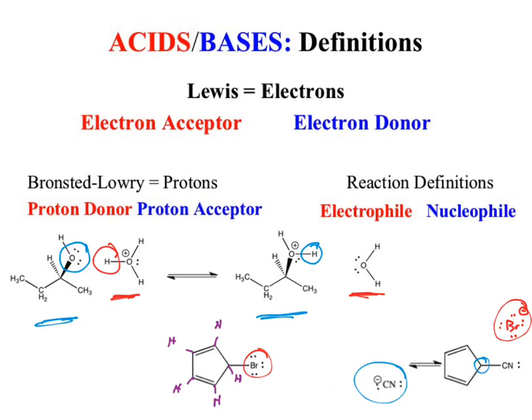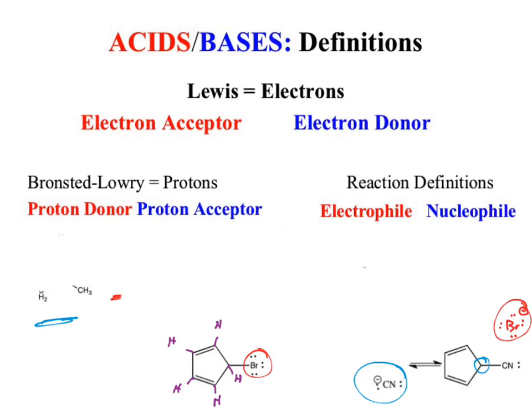Since you were good with acids and bases, let's go ahead and label your electrophiles and nucleophiles down here. We've got red and blue. Which one's which? Electrophile, nucleophile? Okay. The red becomes our electrophile, and this is where we should get a little bit more specific. Is the bromine our electrophile?